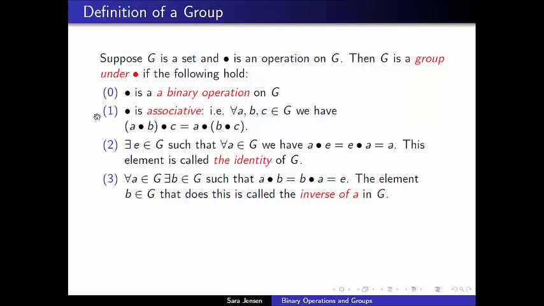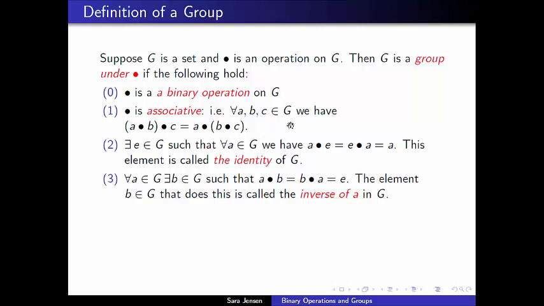The second criteria is that that dot operation needs to be an associative operation. In other words, whenever we pick 3 elements of the set, no matter what those 3 elements are, we need it to be the case that (A dot B) dot C is equal to A dot (B dot C).